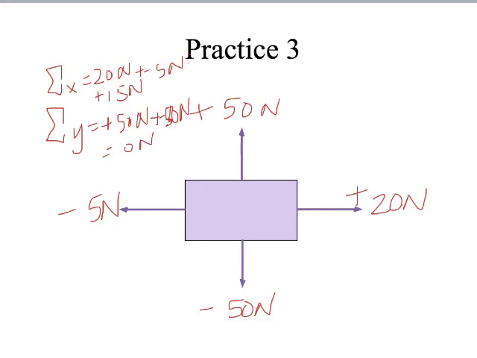All right, in this case, we know that our object is probably sitting on a surface and not moving at all up and down, and it's moving to the right based on the positive 15 newtons horizontally. Okay? This is just some of the stuff that you can get out of these.